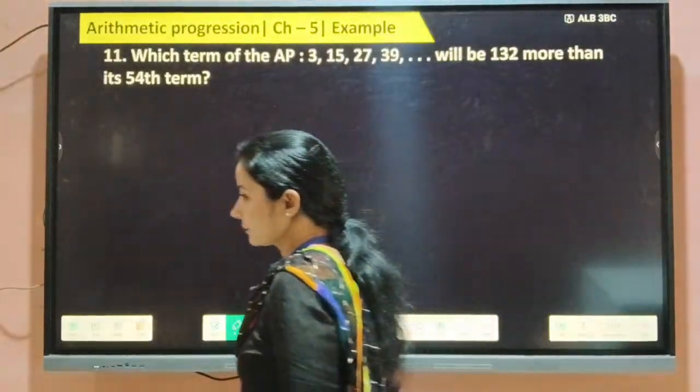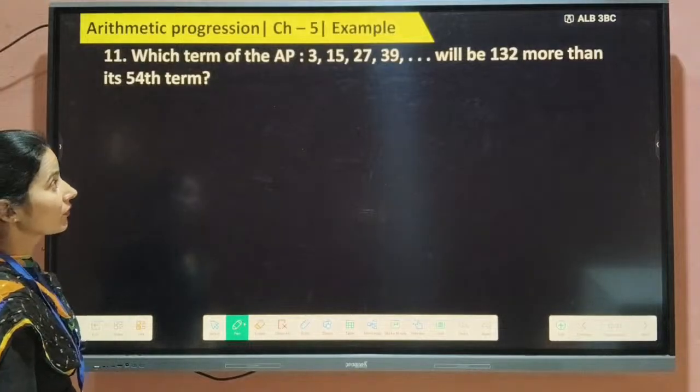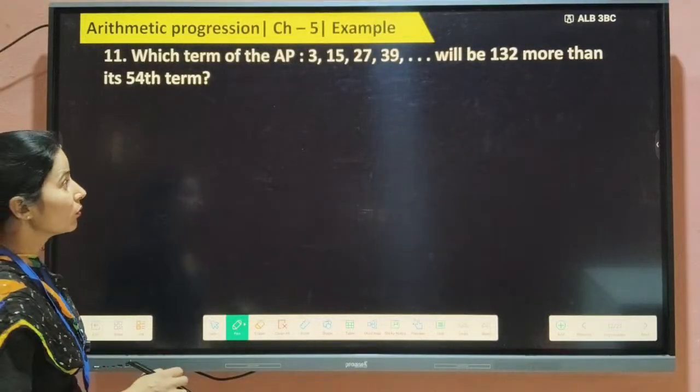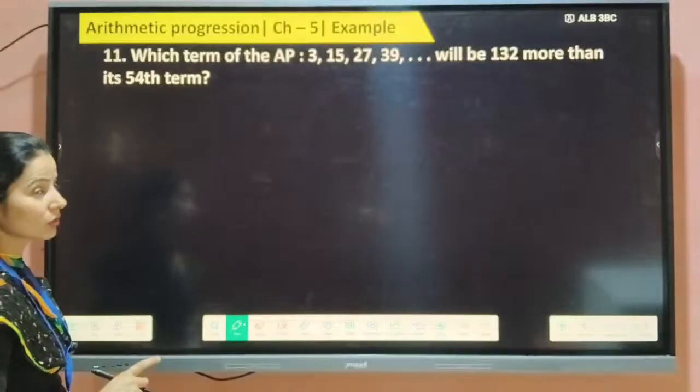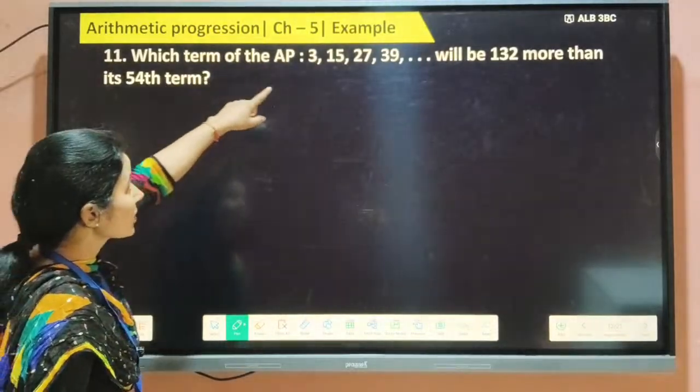Question number 11. Which term of the AP 3, 15, 27 and so on will be 132 more than its 54th term? Which term of this AP?